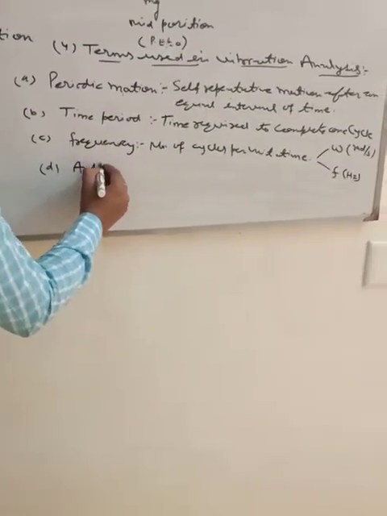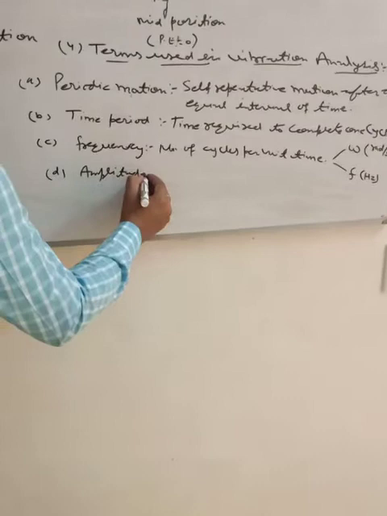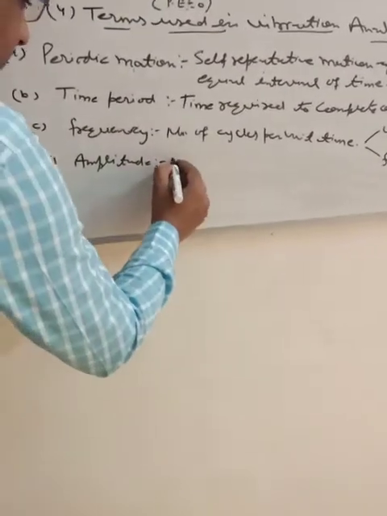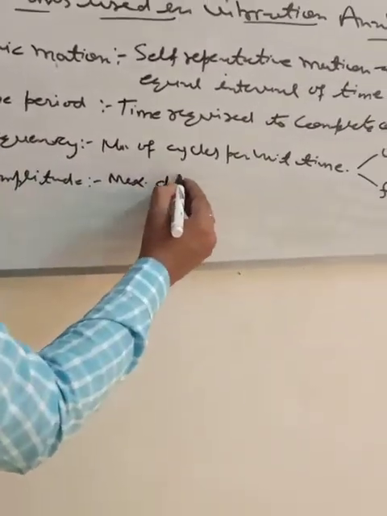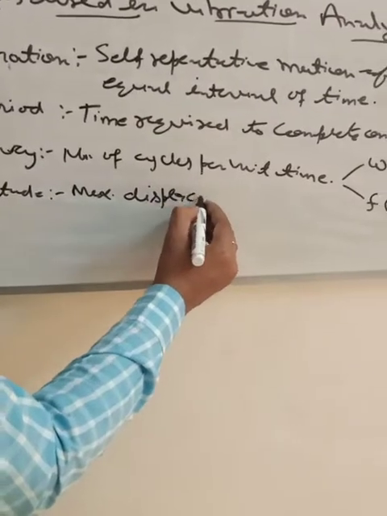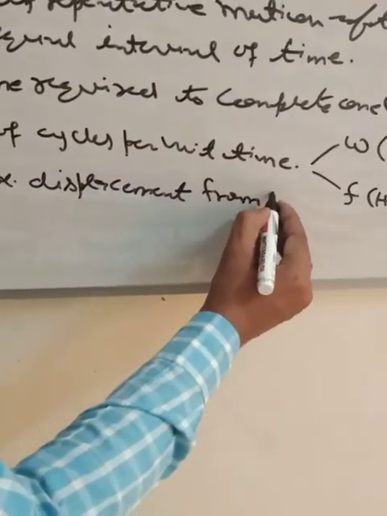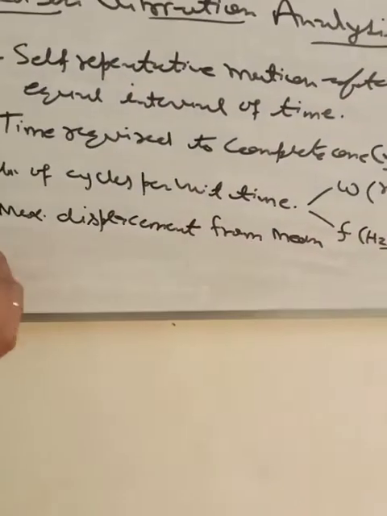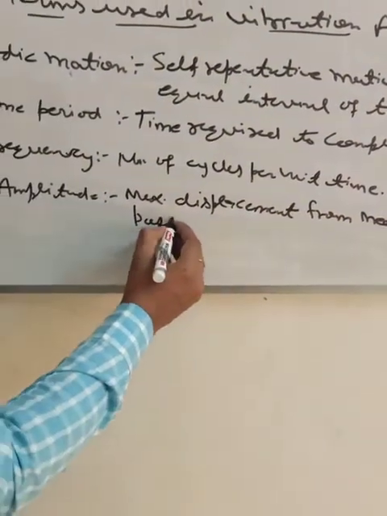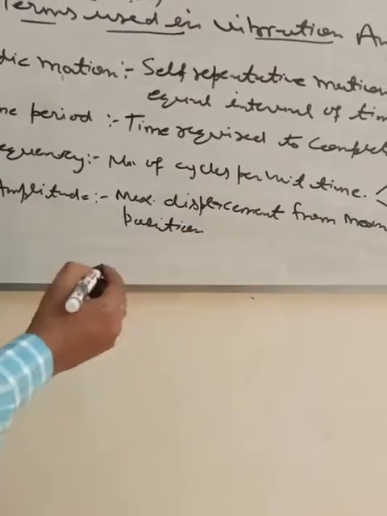Amplitude: maximum displacement from mean position.